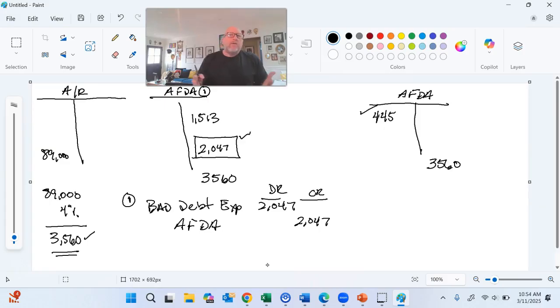It could be the economy really slowed, an unexpected slowdown, and because of that, more of our customers were unable to pay their bills, so we wrote off more accounts than we had available to us, right? Remember, every time I write something off, it's always a debit to the allowance for doubtful accounts.